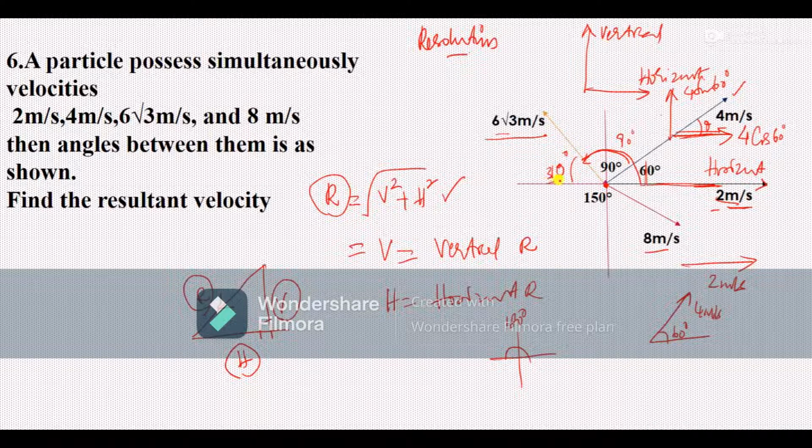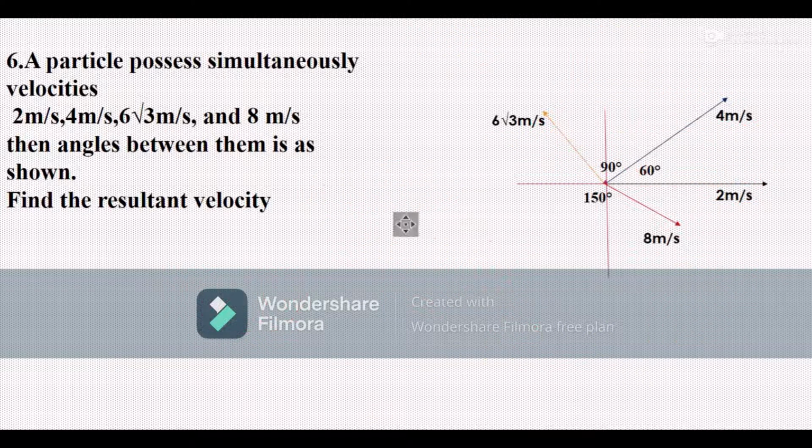We use that to resolve this 6 root 3 velocity in vertical and horizontal directions. This angle is similar to the alternate angles, where this horizontal line and the parallel line are parallel to them. So this angle becomes an alternate angle.